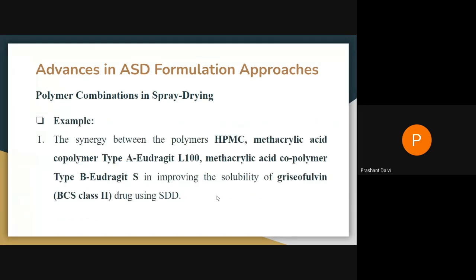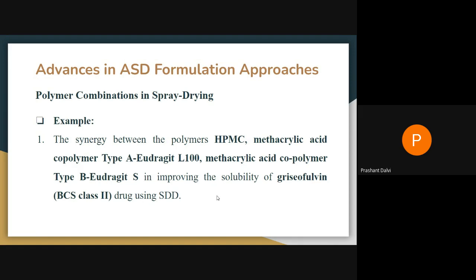Another example, as I have added here, is the synergy between the polymers HPMC and methacrylic acid copolymers, type A Eudragit and methacrylic acid copolymer type B Eudragit S, improving the solubility of the class 2 drug griseofulvin using solid dispersion techniques, using spray drying technology.